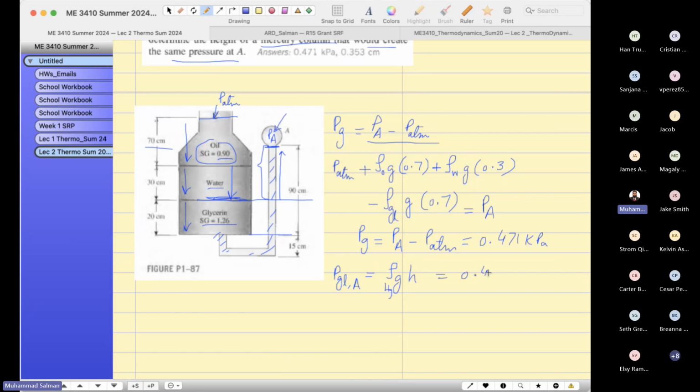The pressure difference, 4.471 kilopascal, equals rho g h for mercury, so if you do not use the glycerine but use mercury, what should be the pressure head difference for mercury? It would be 0.353. Therefore, it is preferable to use mercury because of the smaller tubes.